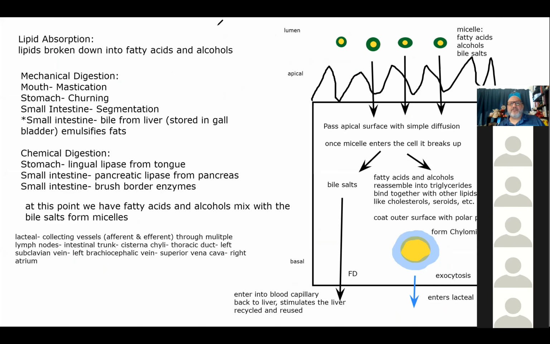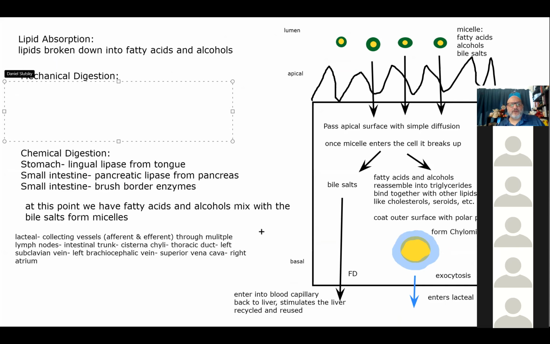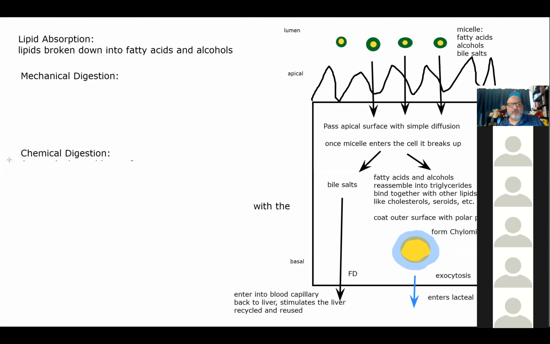If we think in terms of water, there really is no mechanical digestion of water taking place, right? Water is just water. There is no chemical breakdown of water. So water in its form just needs to pass through the apical surface.